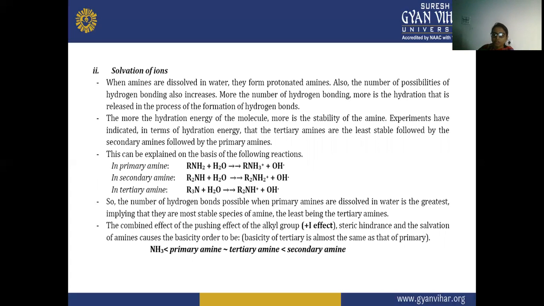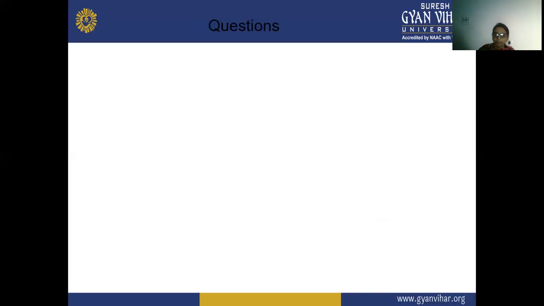The experiment shows, in terms of hydration energy, that tertiary amines are less stable than secondary amines, followed by primary amines. The number of hydrogen bonds possible when primary amines are dissolved in water is the greatest, and the combined effect is the plus I effect. And you can see here the secondary amine, then the tertiary and the primary and the ammonia.